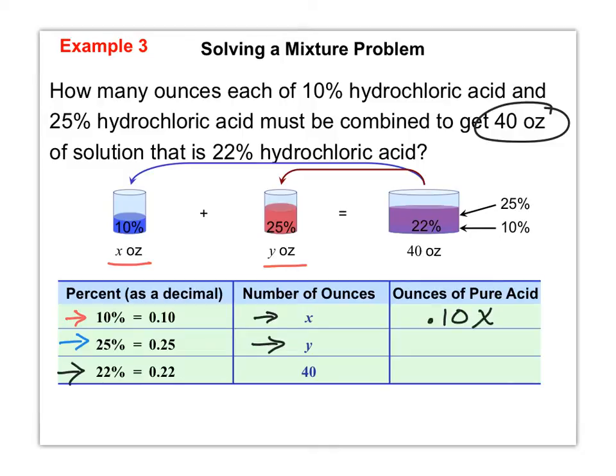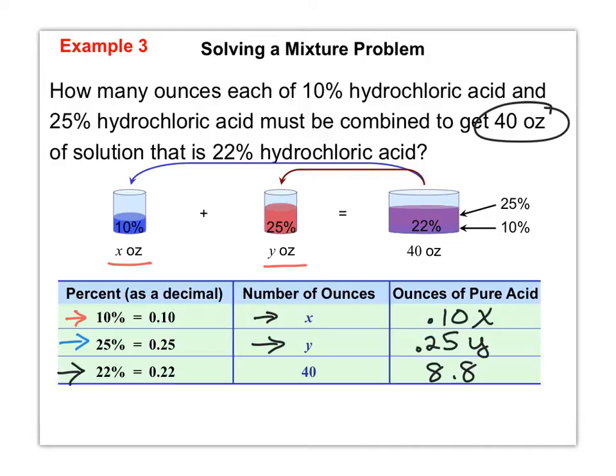The 25% is 0.25. 25% of the y ounces is pure acid, so we're going to multiply 0.25 times y. And then our result is going to be 40 ounces, and that percentage is 22%. So to find the ounces of pure acid, we're going to multiply 0.22 times 40 to get 8.8.